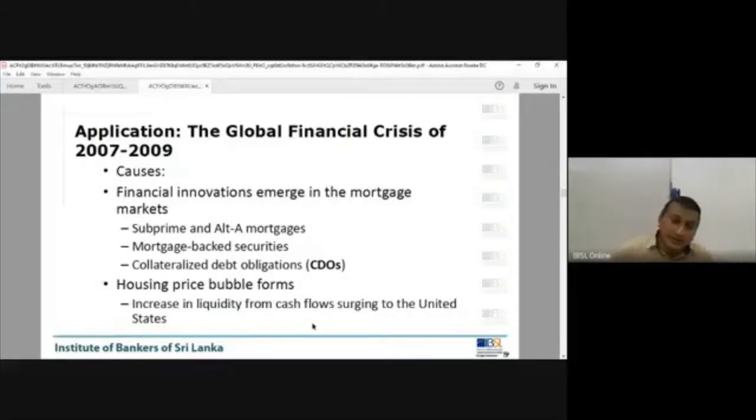When you see prices increasing all the time, you are not worried, you invest, and you see a return every time. So you are blindly getting higher returns investing in property and real estate in the US.